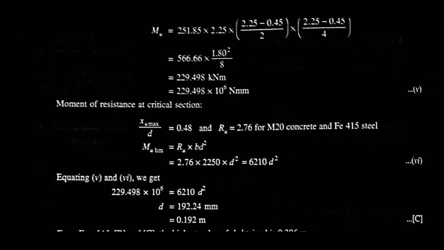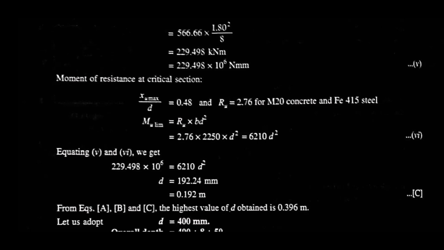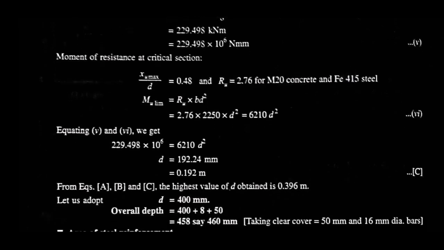So by equating equation 5 and equation 6 we get 229.498 into 10 to the power 6 is equal to 6210 d square. So d is equal to 192.24 mm or 0.192 meter.